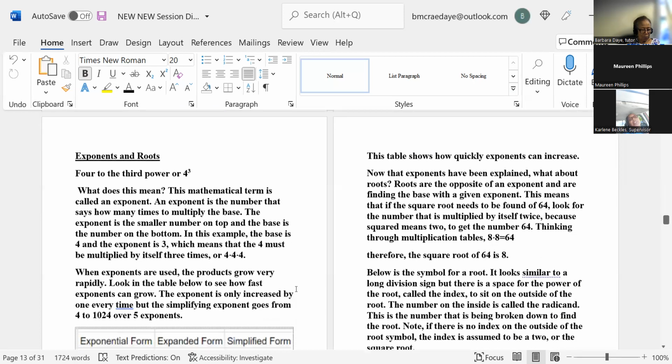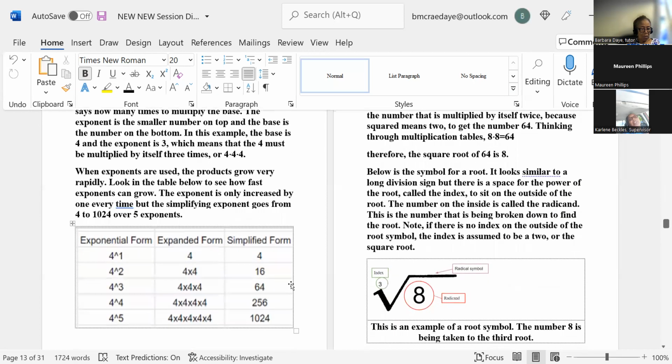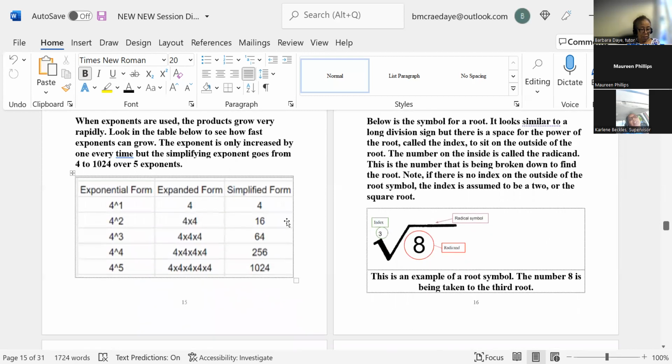Now, when we use exponents, our value gets big really fast, right? Notice you can use this little caret to indicate power. Like 4 caret 1 is 4 to the 1 power, 4 to the 2nd power, 4 to the 3rd, 4 to the 4th, 4 to the 5th. You just multiply the number by itself as many times as the power. If it's a 1, it's just the number 4.